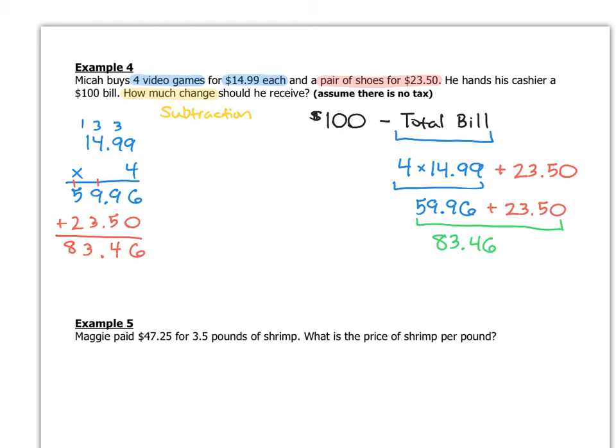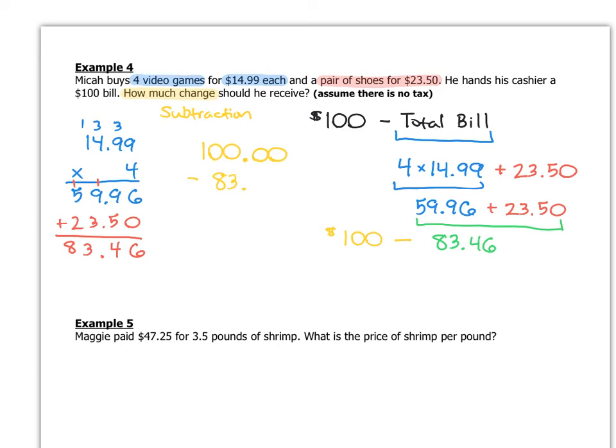Now to answer the question, how much change, we need to subtract that from what he handed the cashier, which was 100. So now we're going to do a subtraction problem, 100 minus 83.46. Since we're taking a whole number minus a decimal, I need to include a decimal point in my whole number so that I can line up my decimal points.